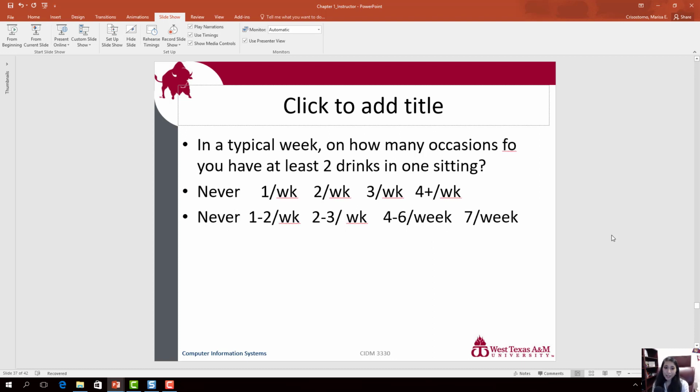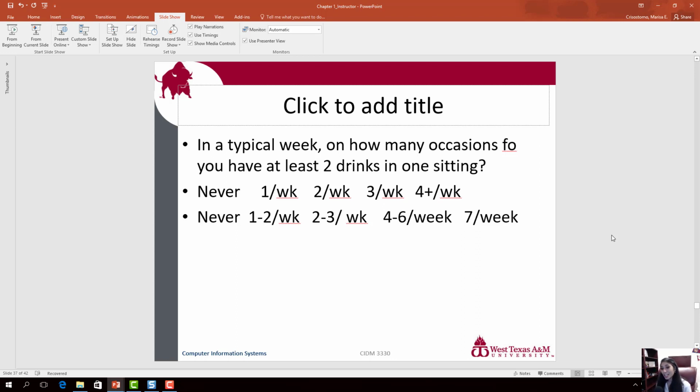Here's another example of measurement error. In a typical week, on how many occasions do you have at least 2 drinks in one sitting? If I give you the first options in this second bullet point, never, once a week, twice a week, 3 times a week, or 4 times a week, a lot of people are probably not going to pick 4 times a week because they think, well, that's extreme. I'm not an extreme drinker, so I'm not going to pick that one.